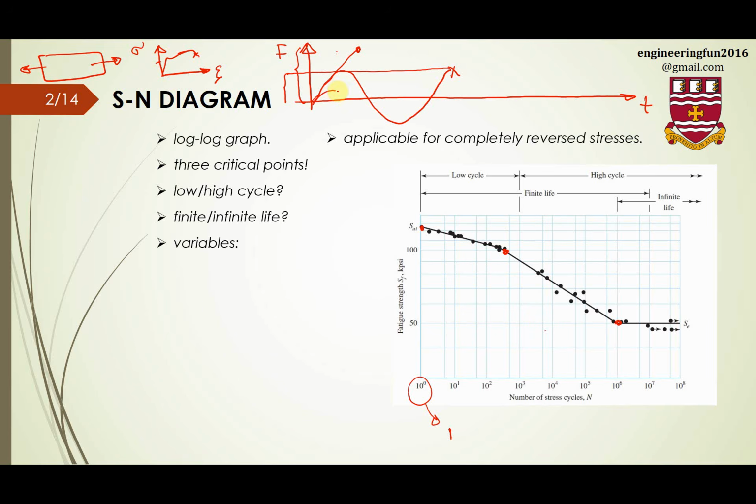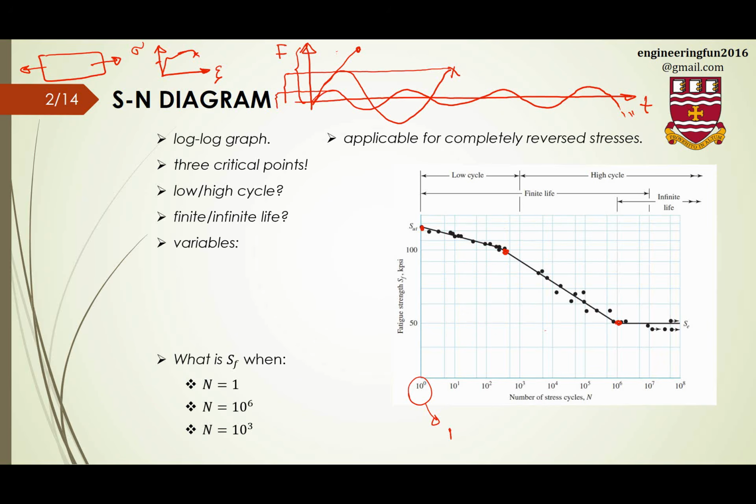Sometimes we can have an infinite number of cycles and failure never happens. This amount of force, under which failure won't happen, is represented by a point here in the infinite life region.